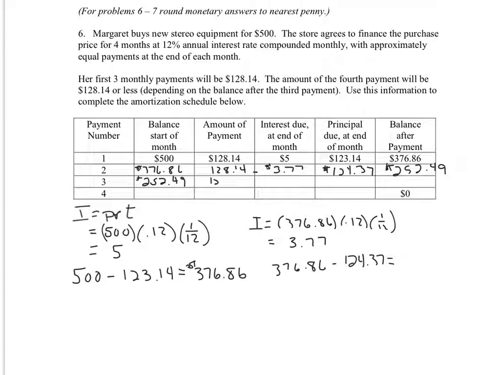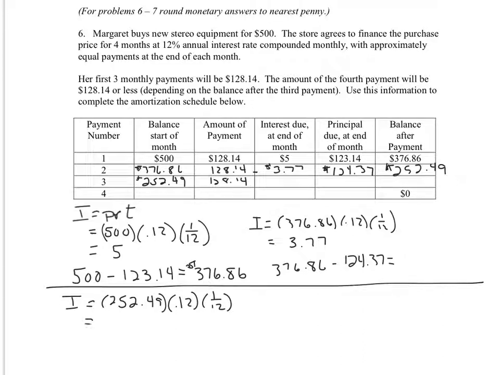Again, $128.14 is what she's paying. Let's see how much of that is interest. $252.49 is her principal, times 0.12 times 1 over 12.